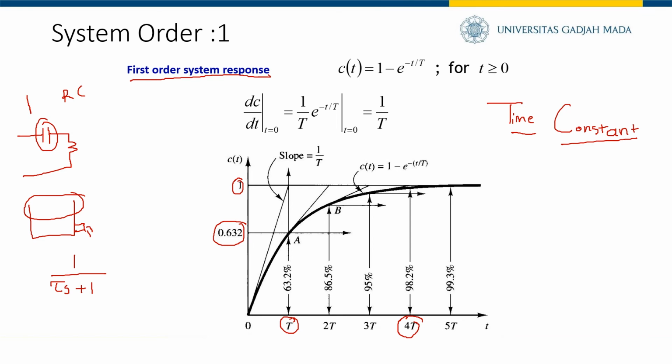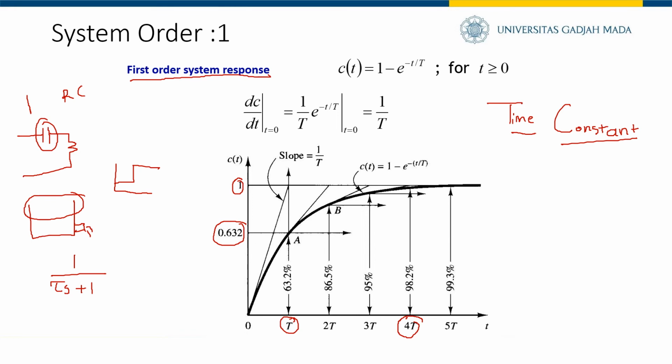This one is the time constant. It's only for step response. What is step response? If the input is like in the previous case, on and then off, I mean off and then on.